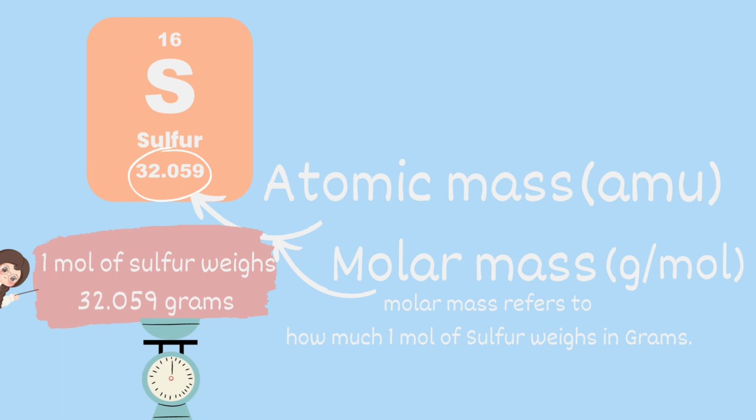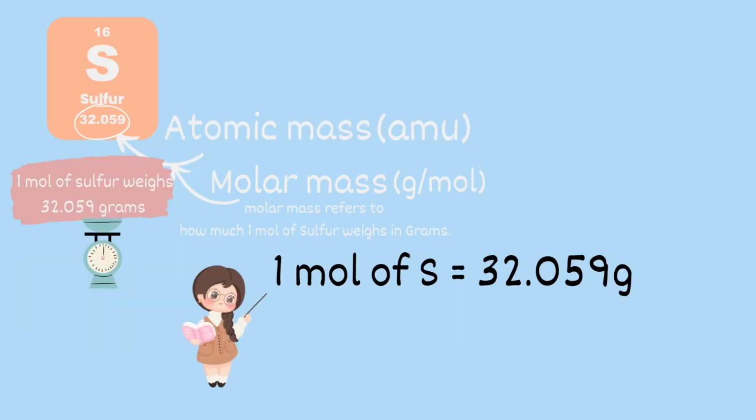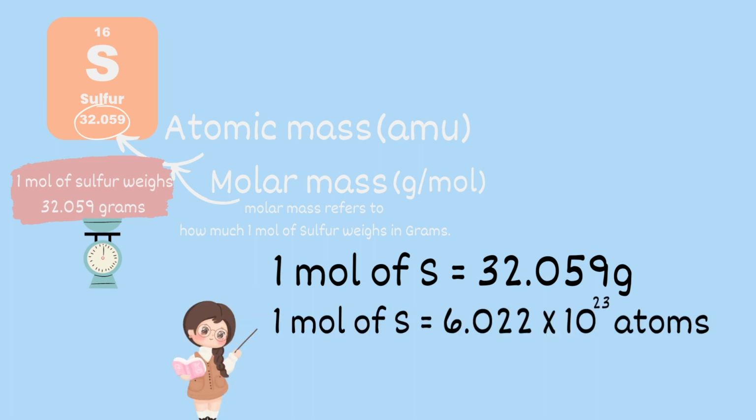Okay, so let's put all of that information together and see what we get. 1 mole of sulfur is 32.059 grams. 1 mole of sulfur is also equal to 6.022 times 10 to the 23rd atoms.